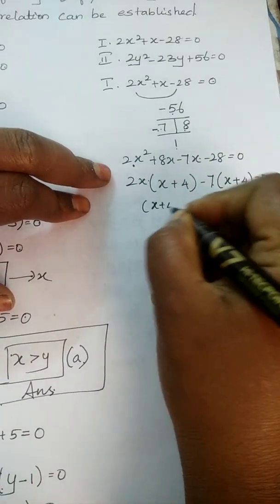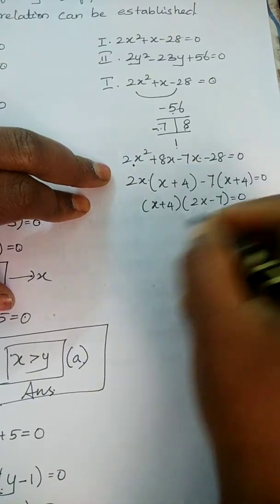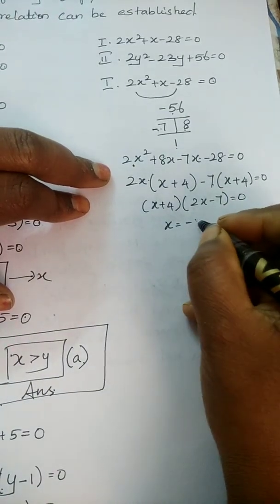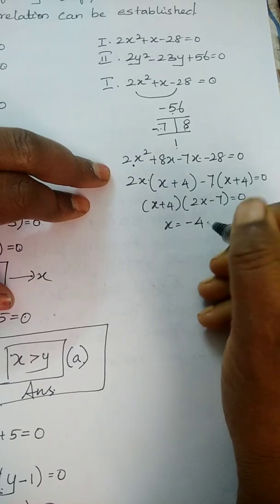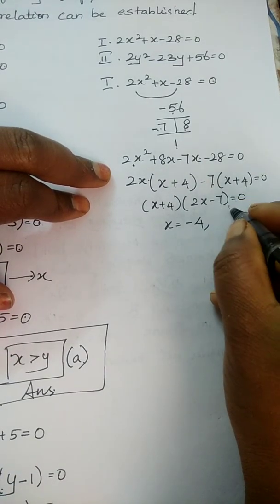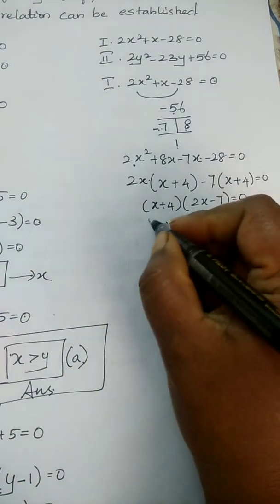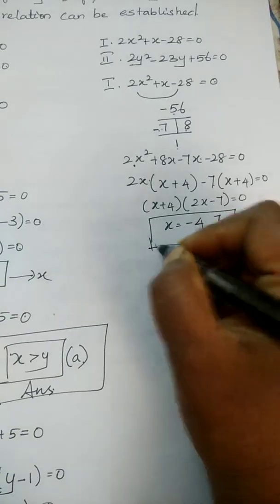Therefore x plus 4, 2x minus 7 equal to 0. x is equal to minus 4 comma 7 by 2. This is the x value.